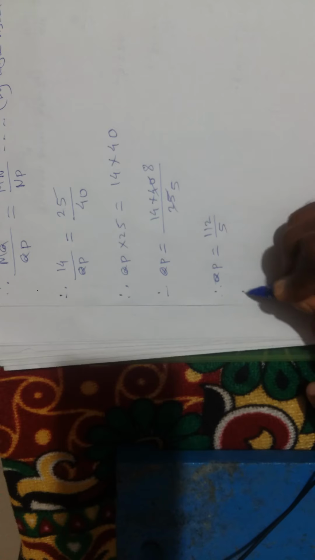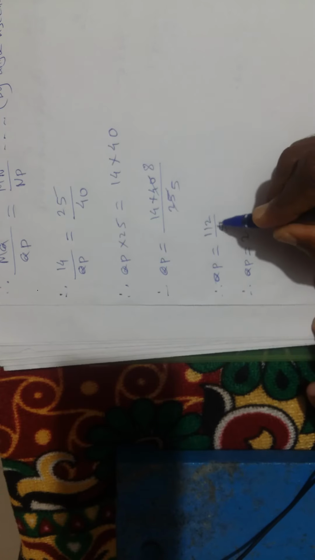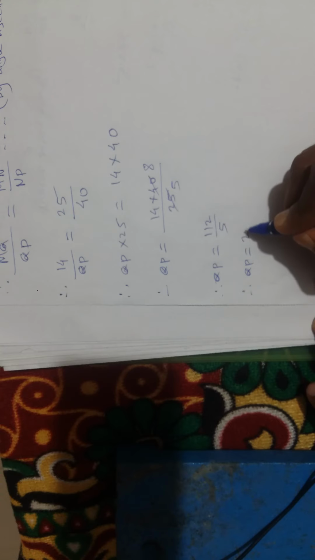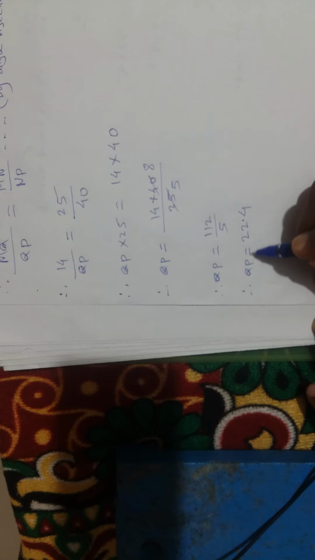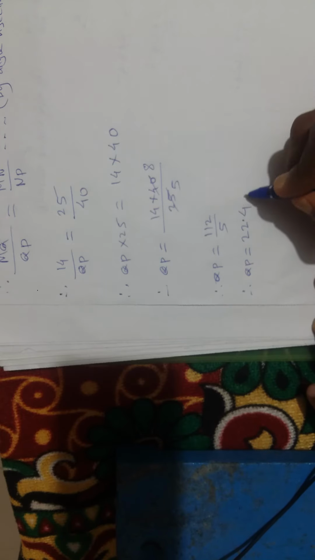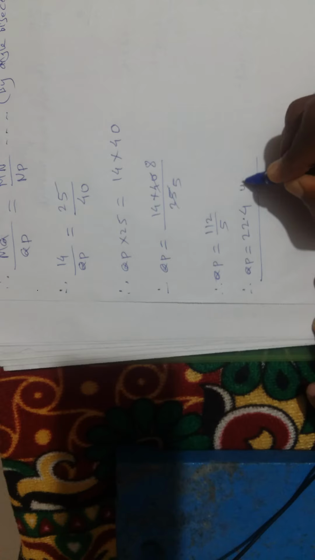Therefore QP is equal to: 5 twos are 10 and 5 twos are also 10. What is remaining? 2. Put 0 on the 2, that is 20. 5 fours are 20. That is QP is equal to 22.4. There is no unit, so we can write QP is equal to 22.4 units.